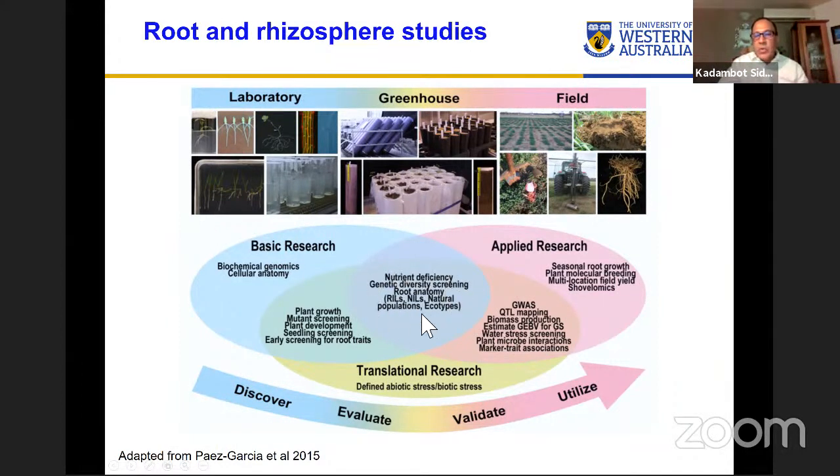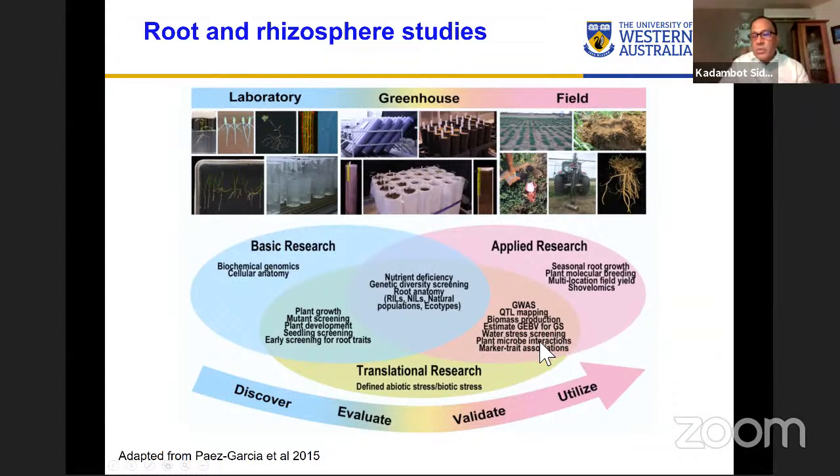There are a lot of resources now available in the gene banks. And this is where the translational research defines abiotic stress. Then you move into applied research, seasonal root growth. You can look at it over 3-6 months. Plant molecular breeding, multi-location field trials, and then, of course, you can use augers and shovelomics using shovels and so on. More recently, we have been moving towards GWAS, quantitative trait loci mapping, biomass estimates, etc., and plant-microbe interaction.